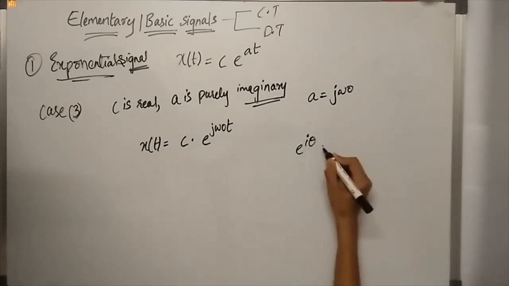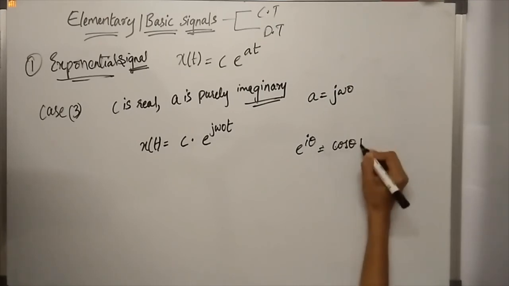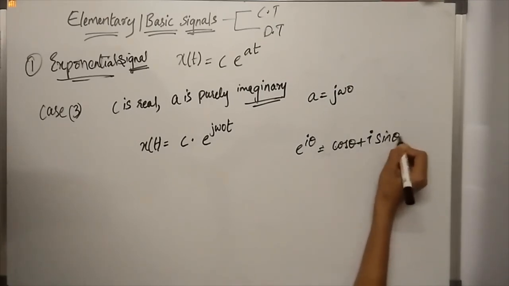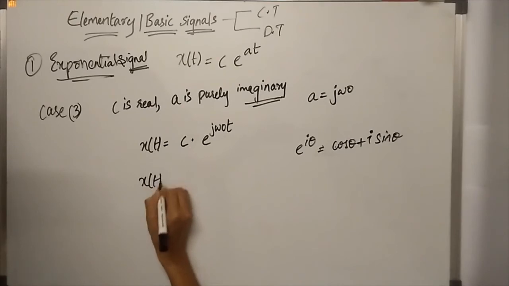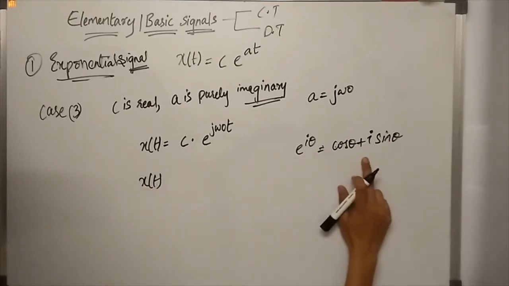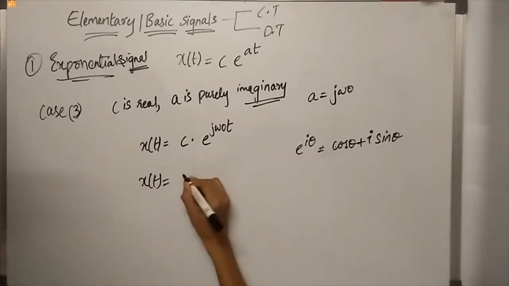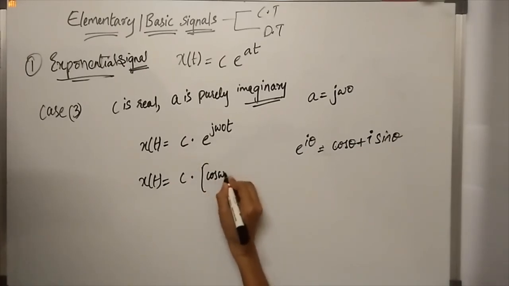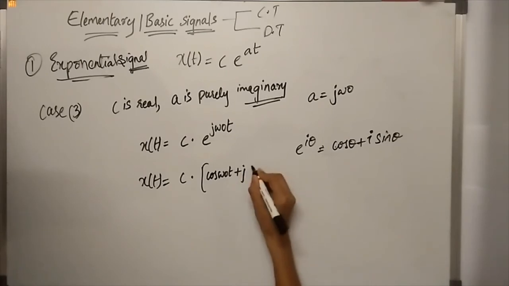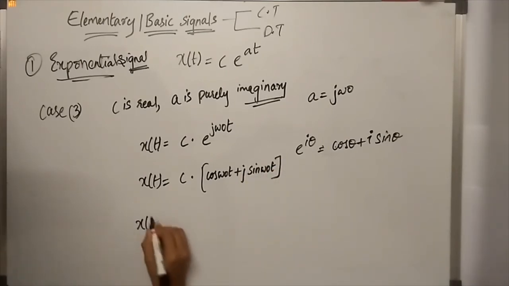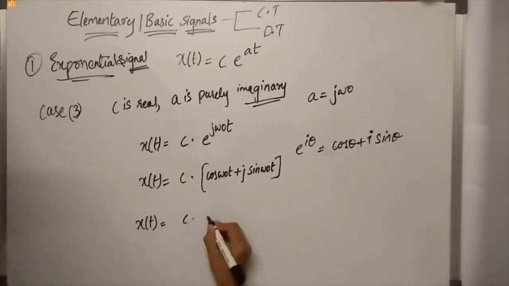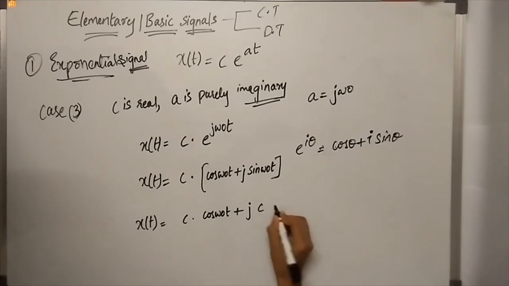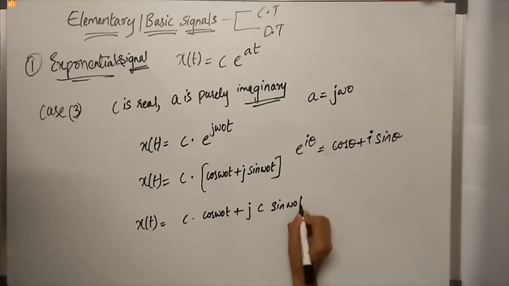We know that e power of j theta is nothing but cos theta plus j sin theta. So I can represent the signal x of t using this formula. C e power of j omega naught t is C cos omega naught t plus j C sin omega naught t.